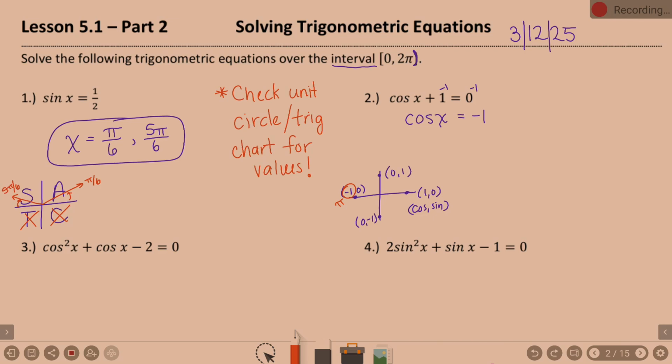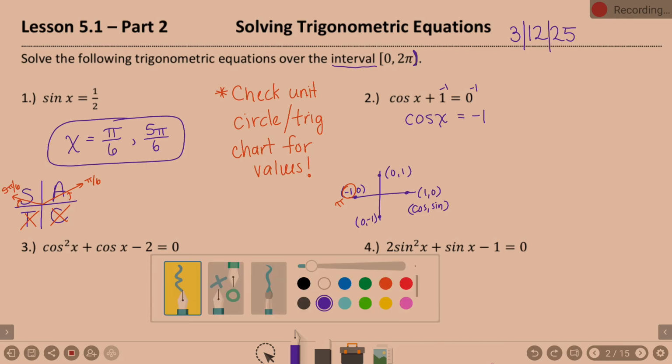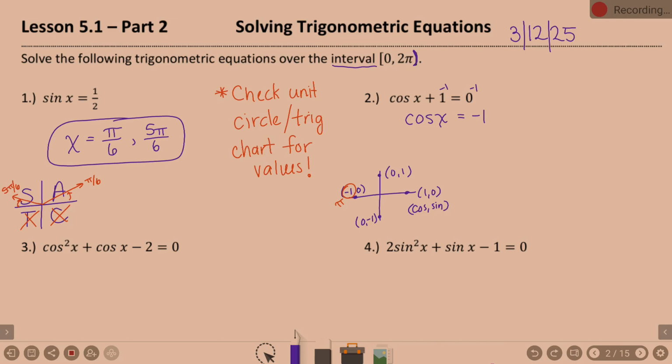I'm going to write pi. Does it happen anywhere else? No. So x is equal to pi, and we have just the one answer. Questions on that one?